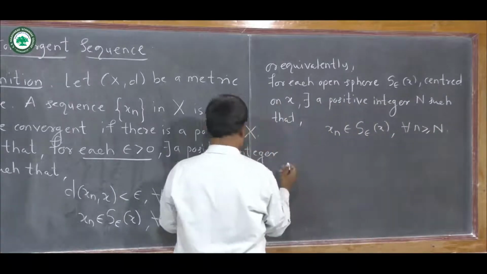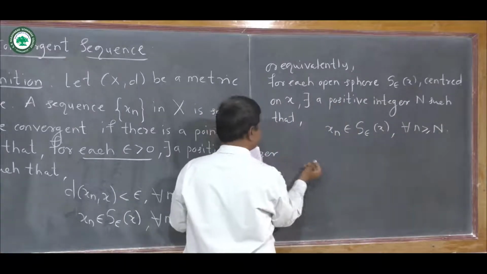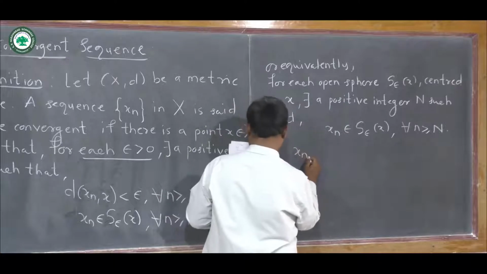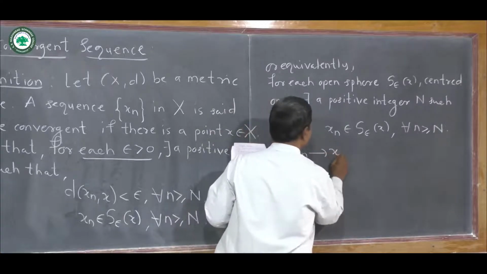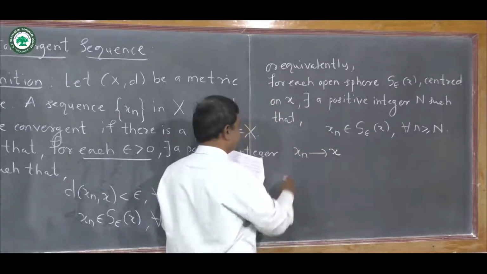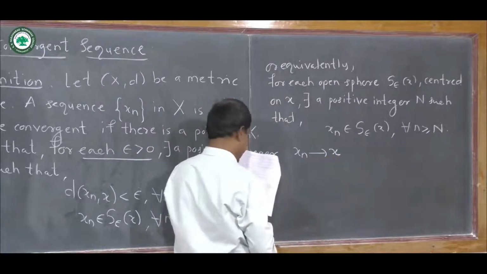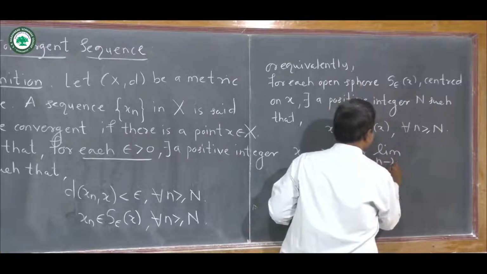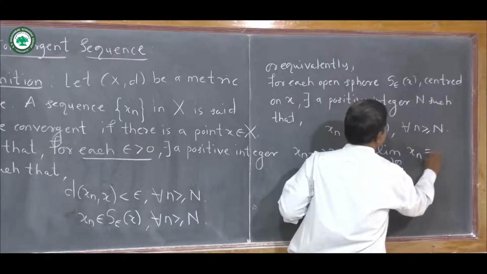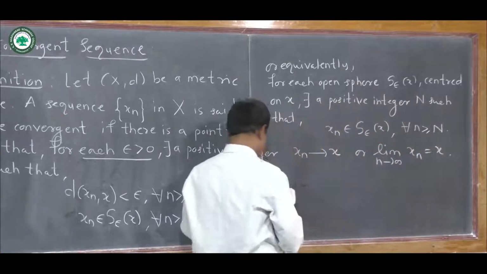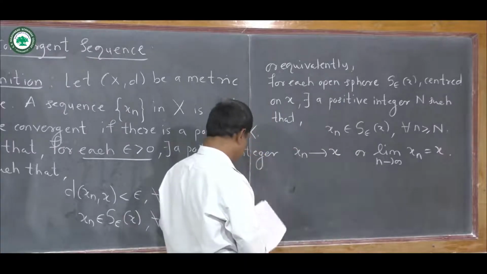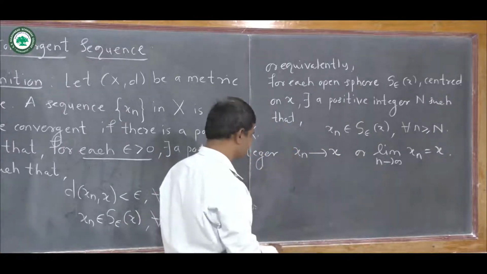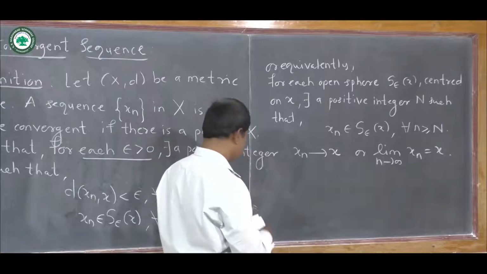We usually symbolize this by writing that xn converges to x, or xn tends to x, or limit as n tends to infinity of xn is equal to x, and we express it by saying that xn approaches x or xn converges to x.